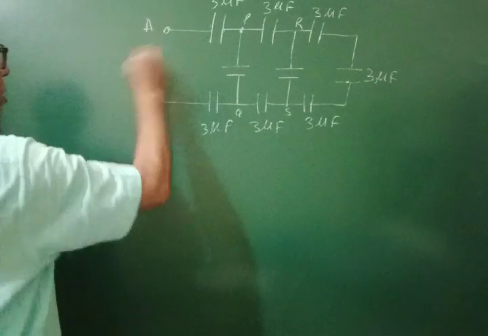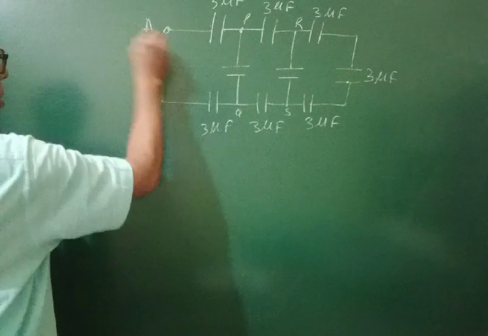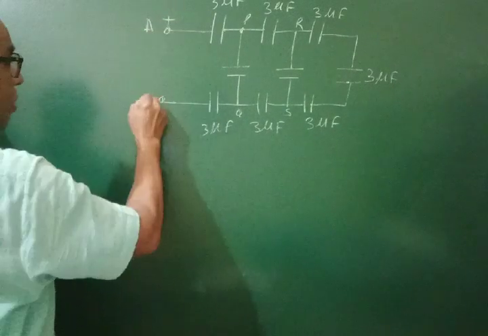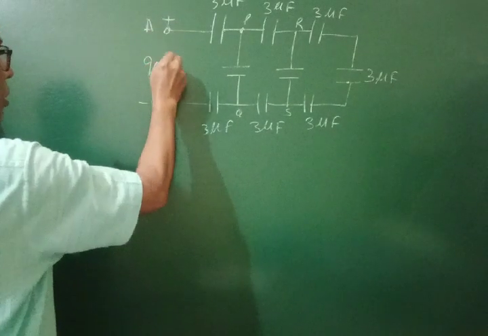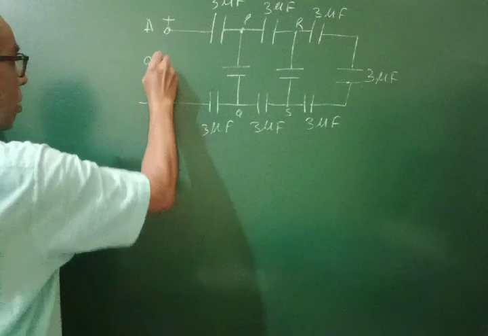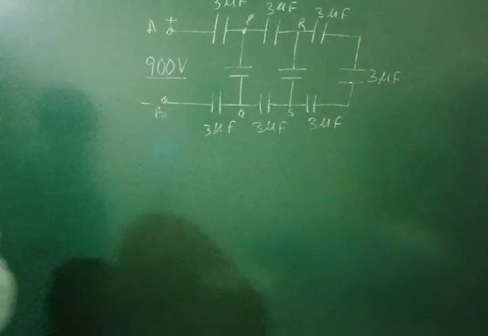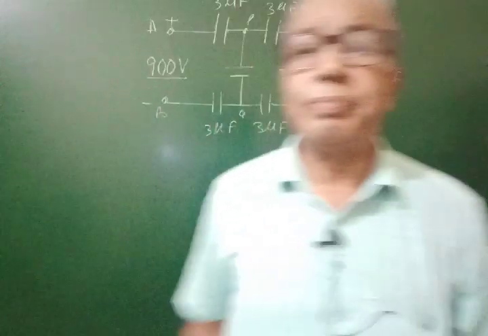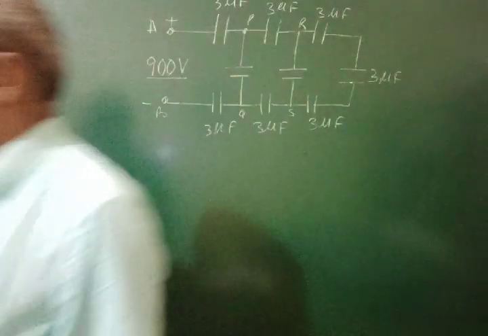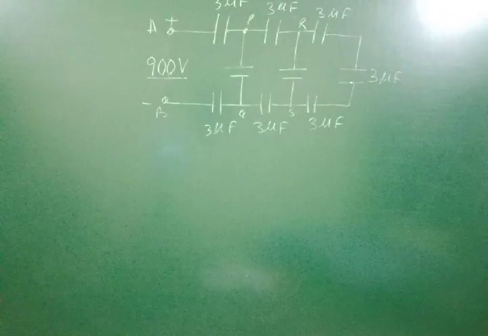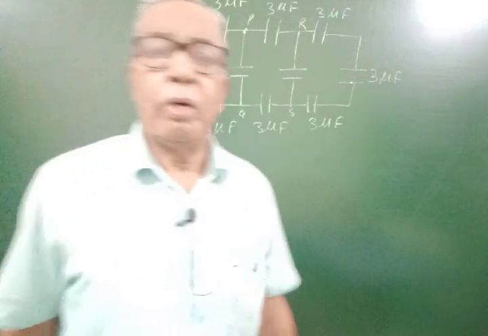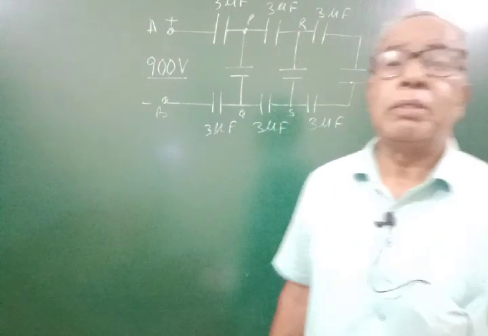So here potential difference plus minus 900 volt. Potential 900 volt applied. Let me hit the other light also. I don't know why reflection ज़्यादा है.